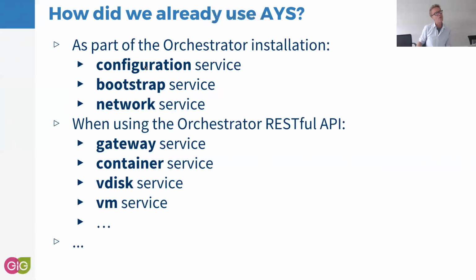We mainly focused on two blueprints, on creating two AYS services: the configuration service and the bootstrap service. Remember that the configuration service was a pretty passive service. The only thing it did is hold configuration information. If you go back to my previous slides, it's an example of a service that isn't monitoring anything and isn't doing anything itself, but is available for other services to get information.